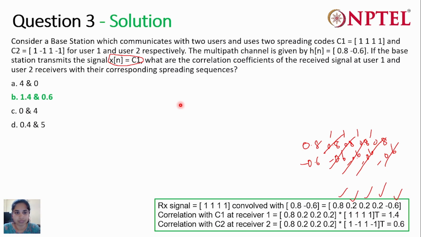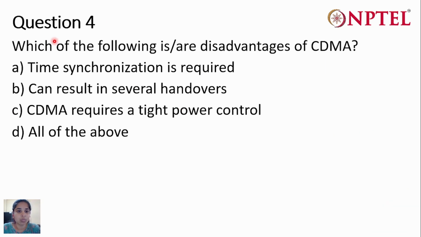Okay, moving on. Which of the following are disadvantages of a CDMA system? Time synchronization is required, can result in several handovers, CDMA requires tight power control, all of the above.